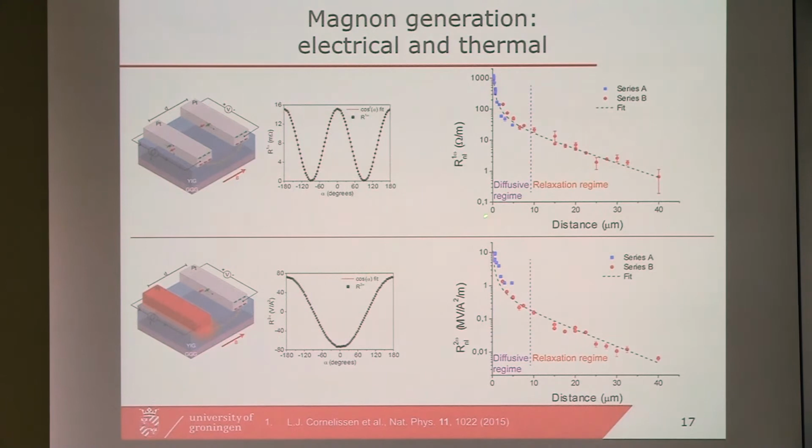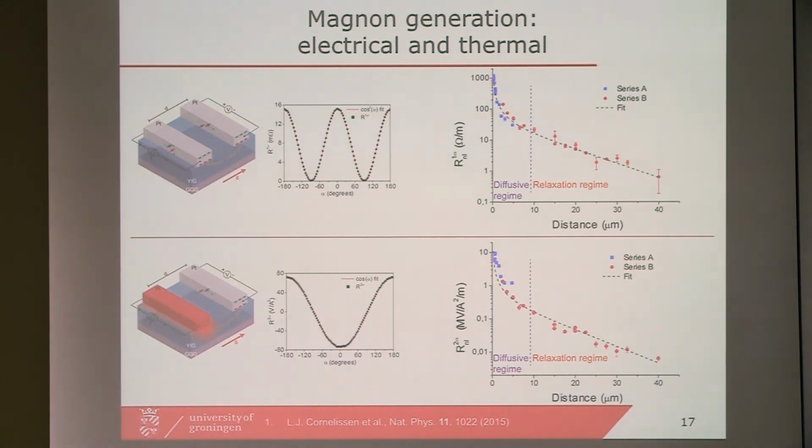And here you see plots of the distance between injector and detector, which goes up to 40 microns here. And then this is the electrically generated non-local signal. This is a thermally generated non-local signal. And you see that the signal decay is really remarkably similar in these two cases.